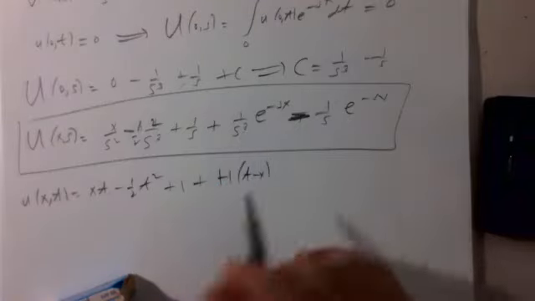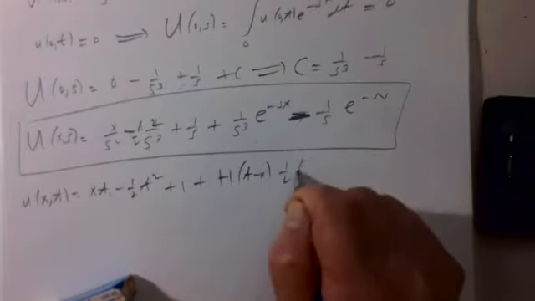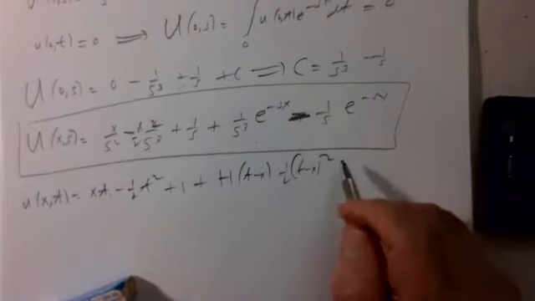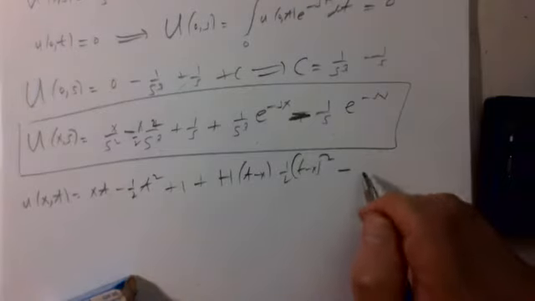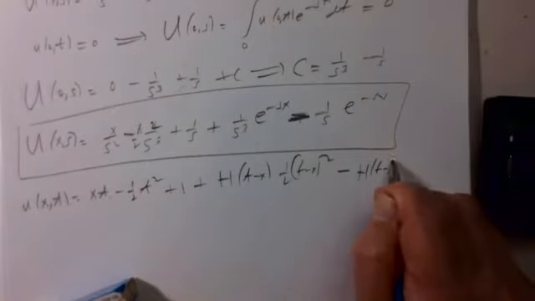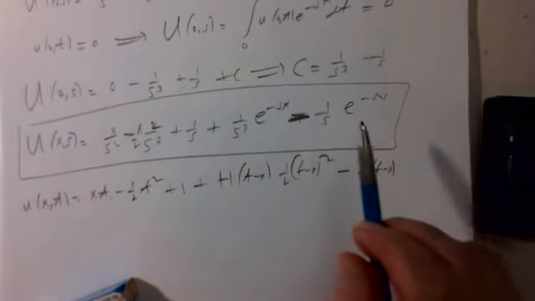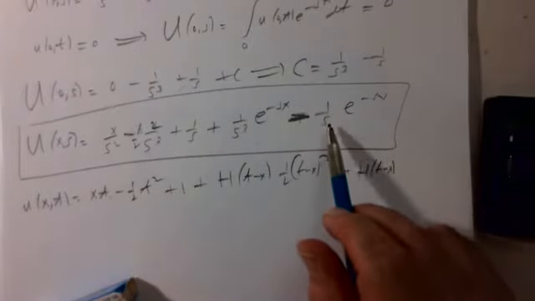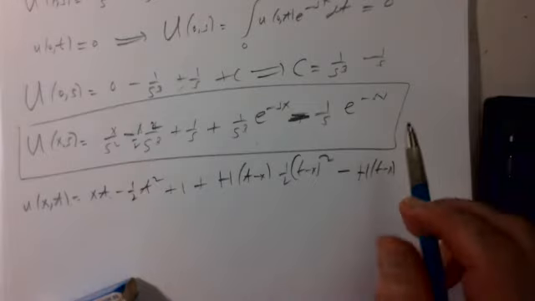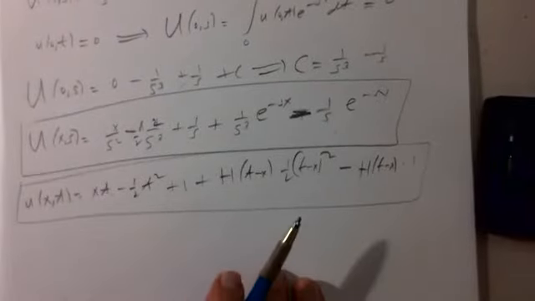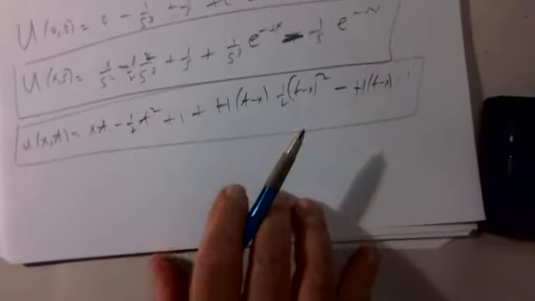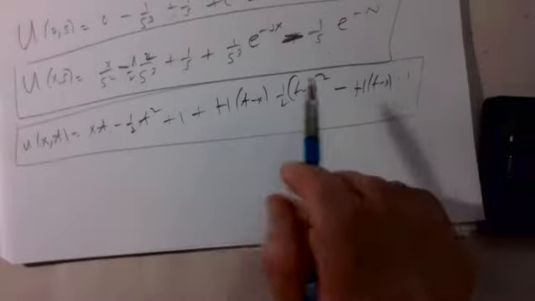We already saw that. That's a half t minus x squared, minus h of t minus x. The Laplace transform of 1 over s is 1. Just 1 times 1. So this is our presumptive solution.